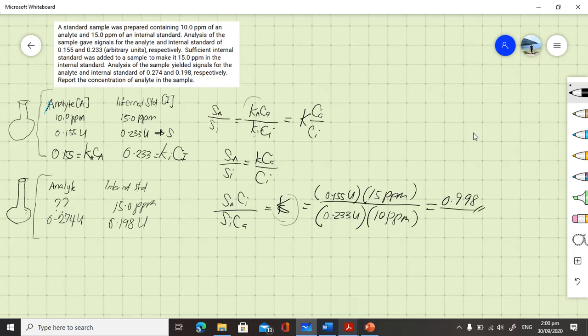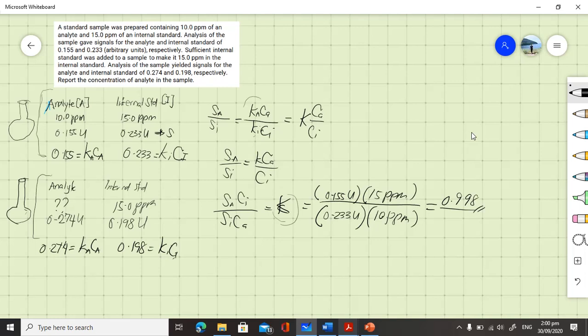So we can use that here. So we can formulate the same equations. 0.274 is equal to K CA, 0.198 is equal to K CI. We can just directly substitute that in here.